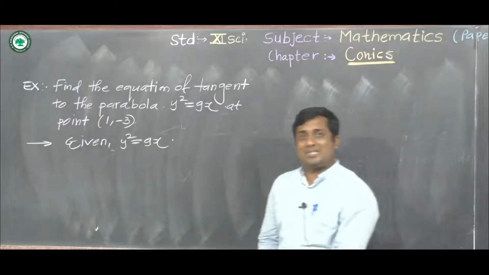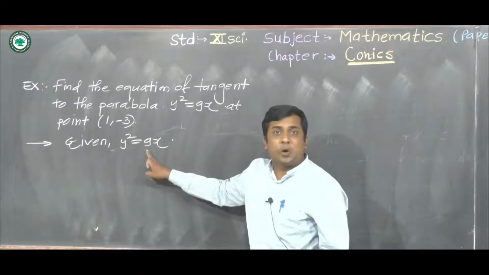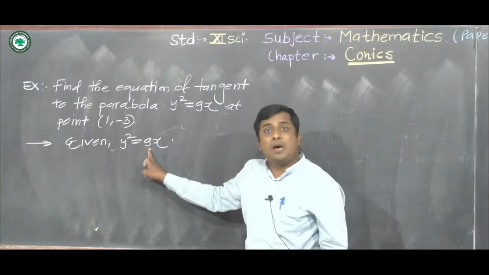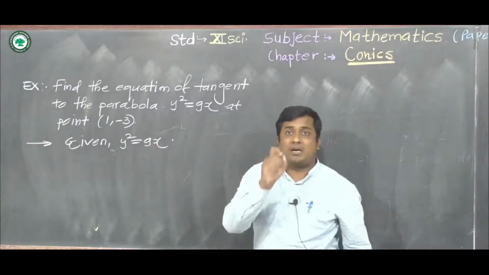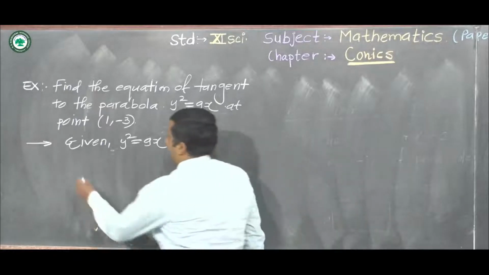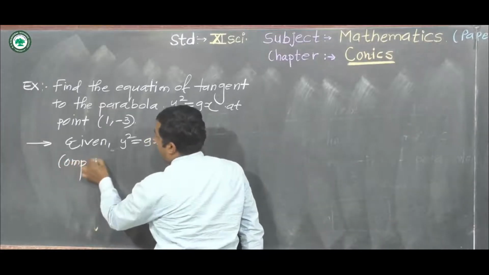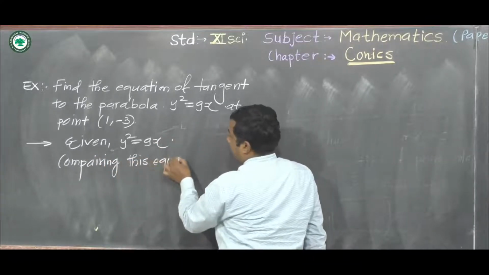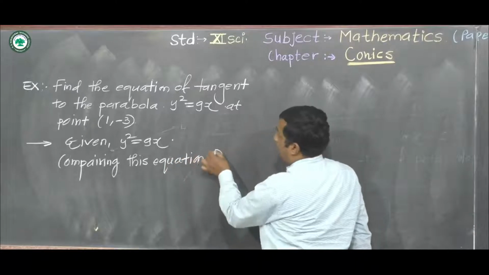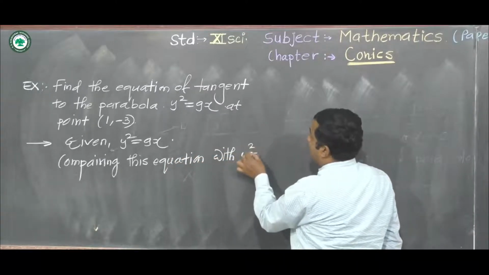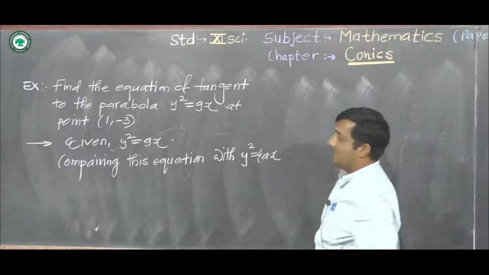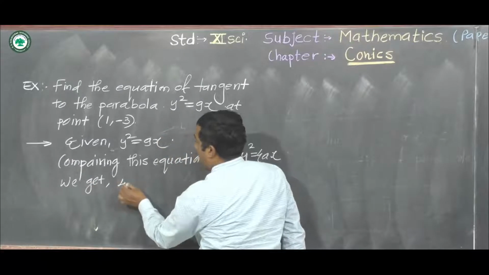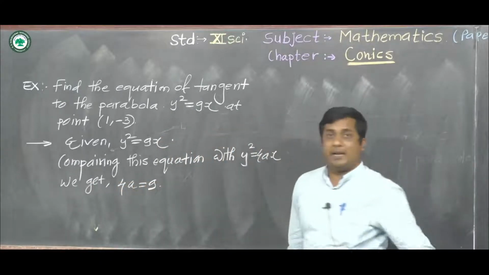Everyone knows this equation is of the form y square is equal to 4ax. So we compare this equation with our standard parabola y square is equal to 4ax. Comparing these two, we get 4a is equal to 9.